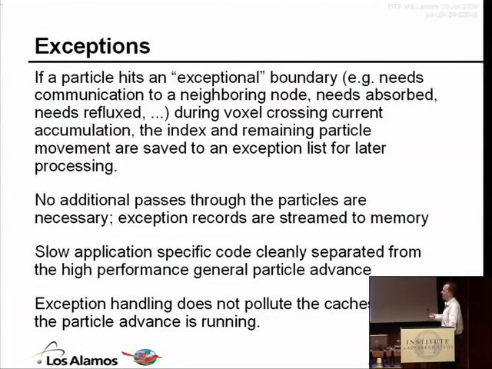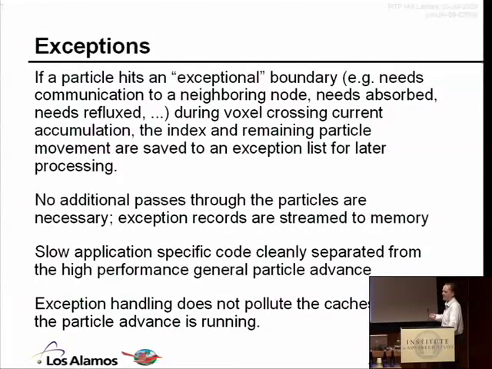in slower application-specific code. This is good because we don't have to pass through our particles to find particles that might have landed in a ghost cell or particles that need additional processing; that's already pre-recorded for us. And likewise, it's good because almost always your application-specific things, if you're doing a magnetic reconnection simulation, or a simulation of laser-plasma interaction or whatnot, are generally slow, but now they're cleanly separated from your high-performance loop.